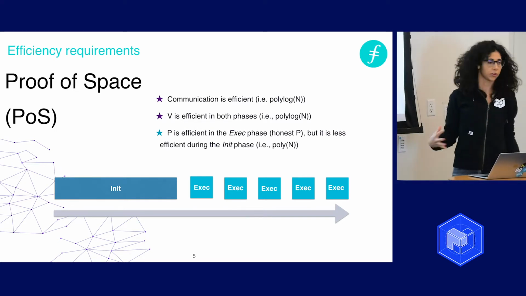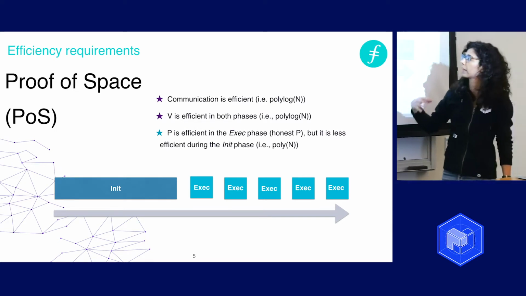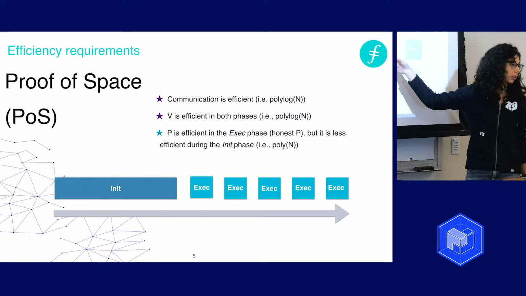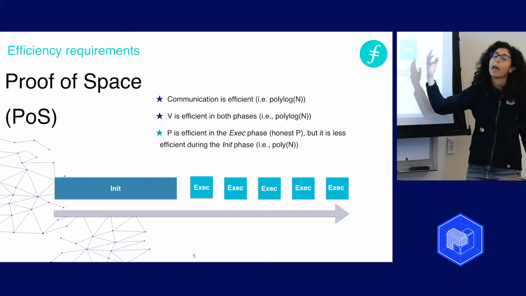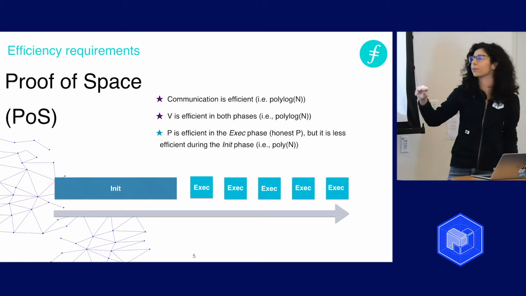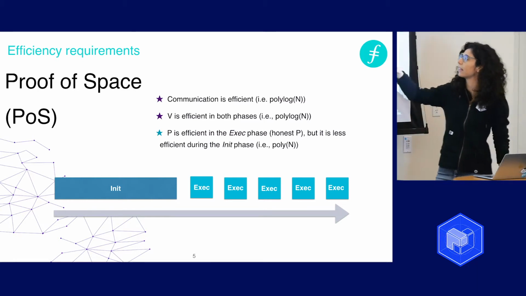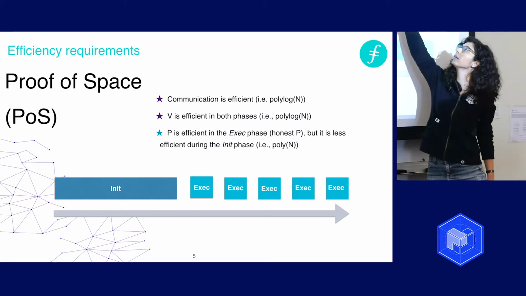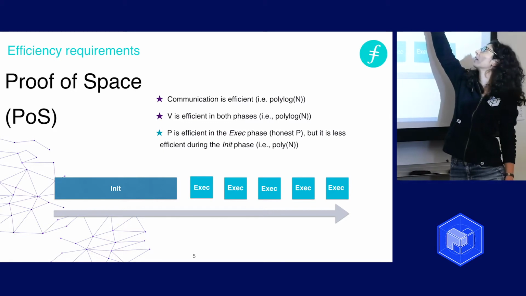We have some efficiency requirements, so we want the prover and the verifier during execution to be efficient. A way to asymptotically measure efficiency in terms of running time is to say that they have to be polylog, so any power of a logarithm in n.